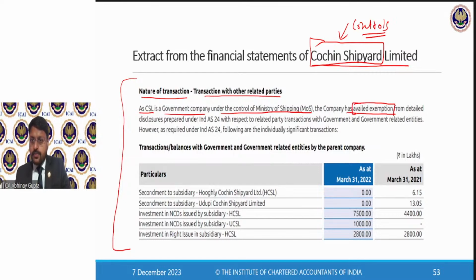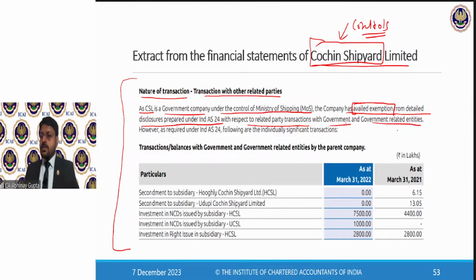So first, if we are claiming this exemption, we will say in our financial statements that we are availing this exemption from a detailed disclosure prepared under Ind AS 24 with respect to the related party transactions with the government and the government related entities. That is, with the government and other entities which are also controlled or jointly controlled or significantly influenced by the government. So we have used the term government related entities, right?